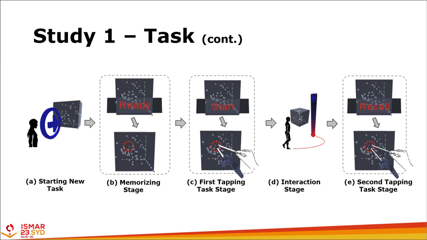This is a validation stage to check whether they memorize the 3 data points precisely before data navigation. Then, participants move to the next position or change the orientation of the chart using one of 3 interaction techniques. In the new view perspective at last, they conduct the second tapping task by recalling the 3 data points in the same order which they saw in the memorizing stage.